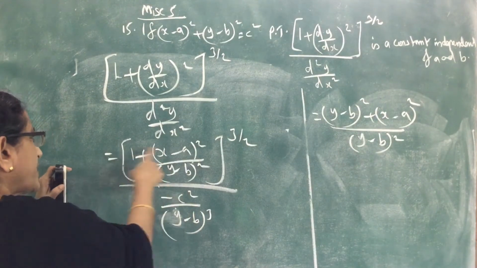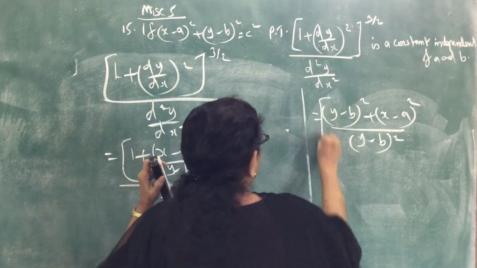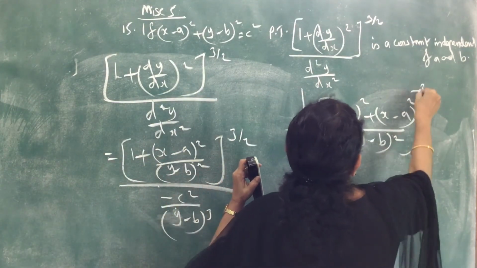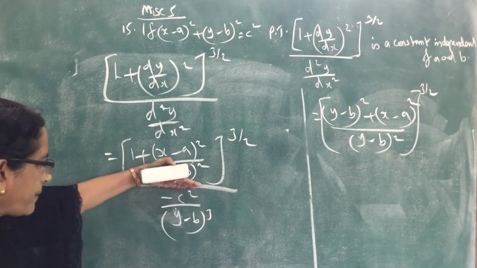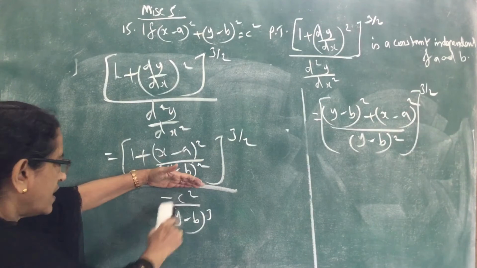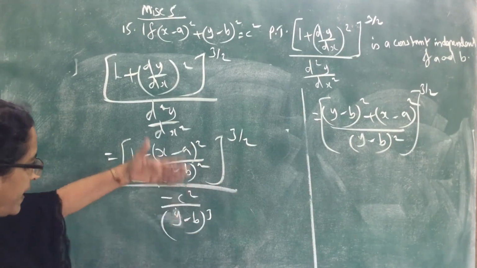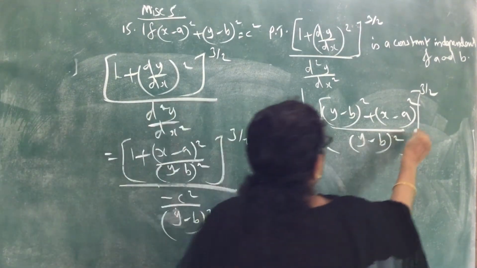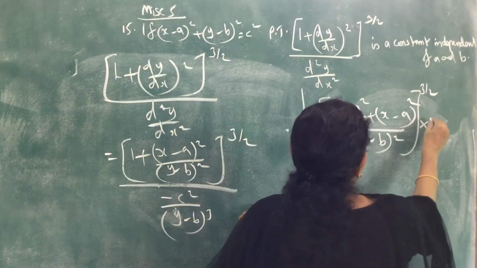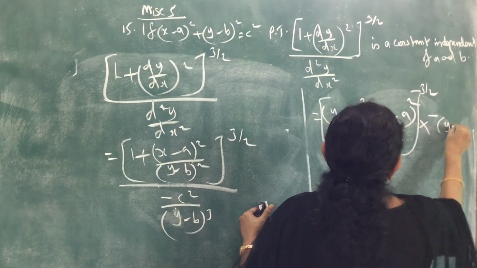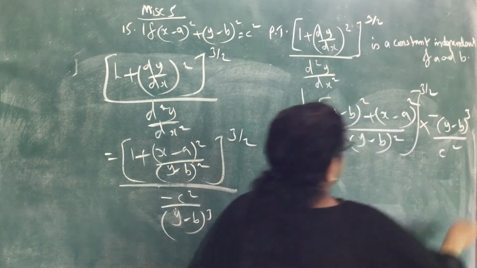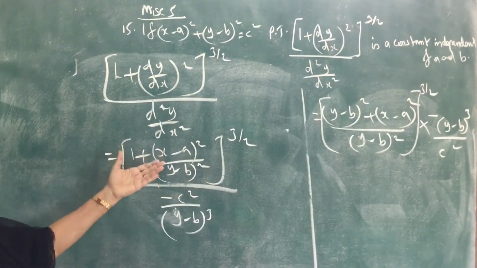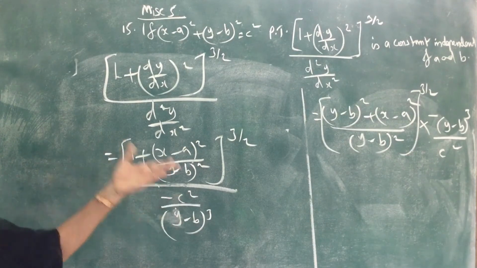Then this whole raised to 3 by 2. Then we multiply by the reciprocal of this, that is (y minus b) whole cube; negative we write in the numerator, minus (y minus b) whole cube by c square.